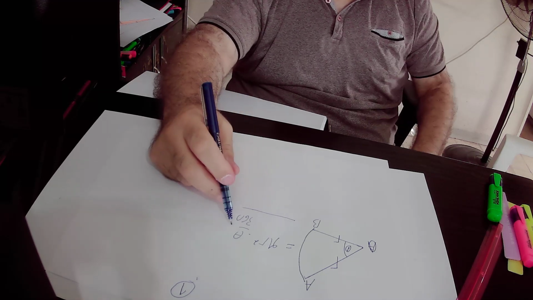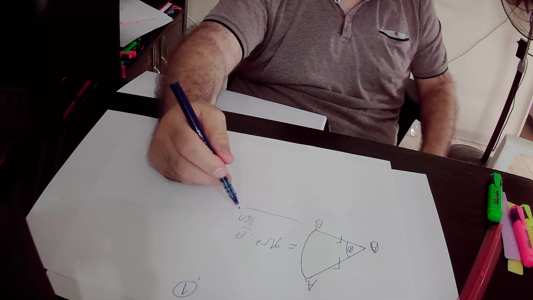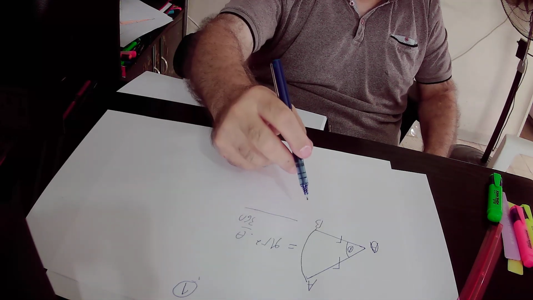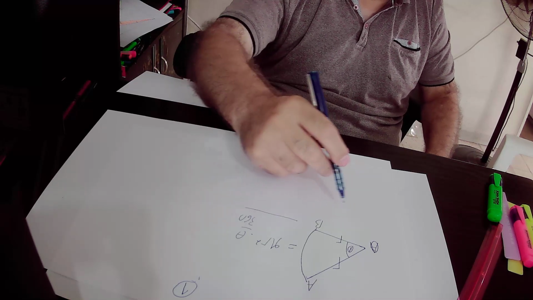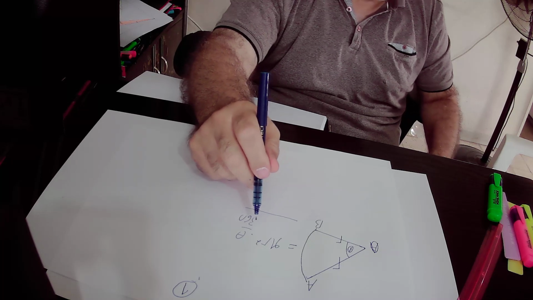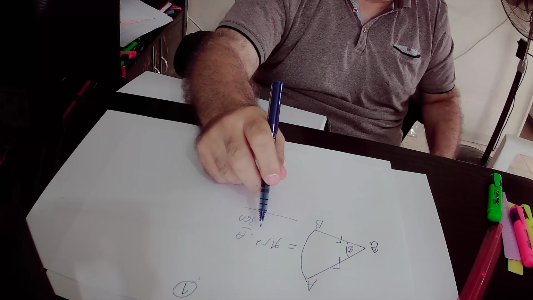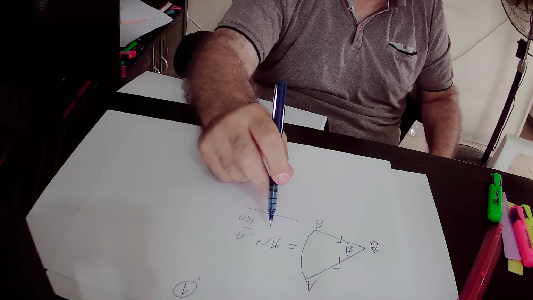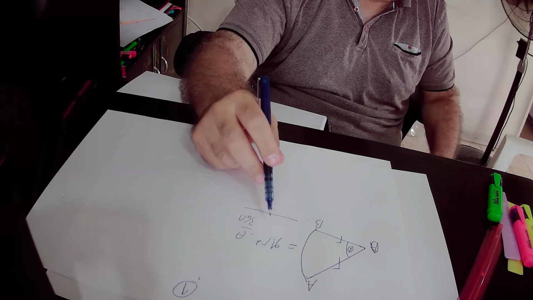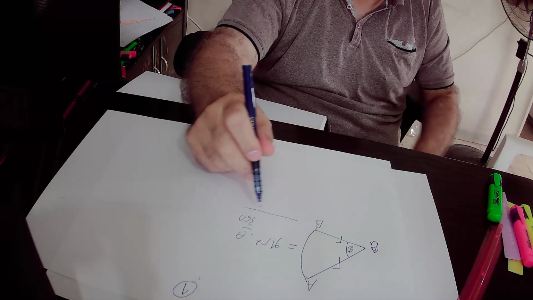The ratio theta over 360 degrees gives us the relative percentage that this sector occupies out of the entire circle, and when we multiply this relative percentage by the area of the entire circle, we will get exactly the area of this sector. So the area of this sector equals pi r squared times theta over 360 degrees.